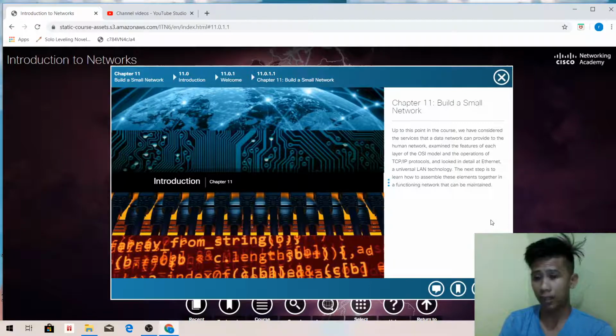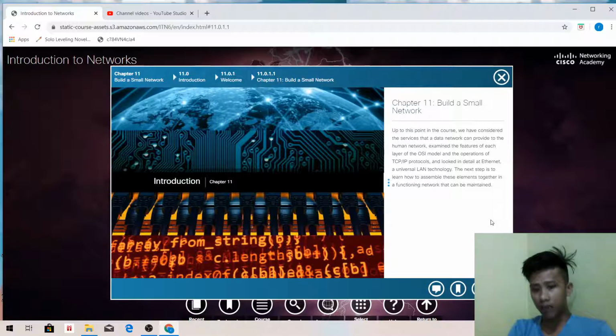It examined the features of each layer of the OSI model and the operation of the TCP/IP protocols, and looked again in detail at Ethernet and universal LAN technologies. The next step is to learn how to assemble these elements together in a functioning network that can be maintained.